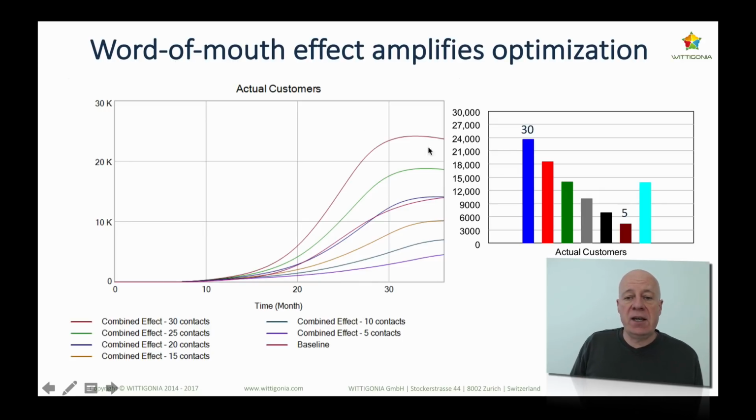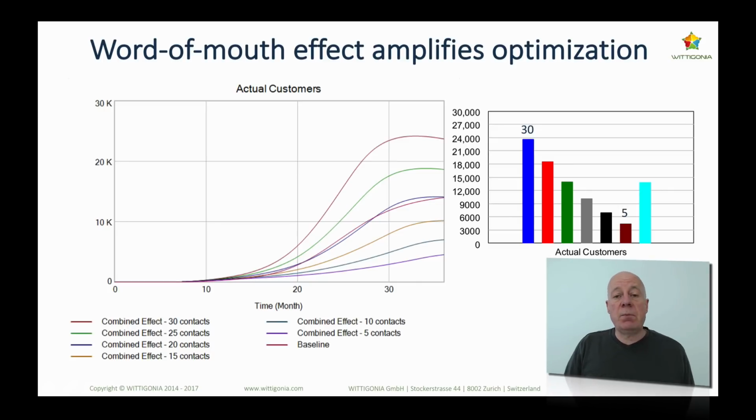And here I've run a little simulation experiment showing, let's say, one customer is talking on average to 5 customers per month. All things equal, if you move up, let's say step by step, from 5 to 10 to 30, you see that it has almost an accelerating impact.